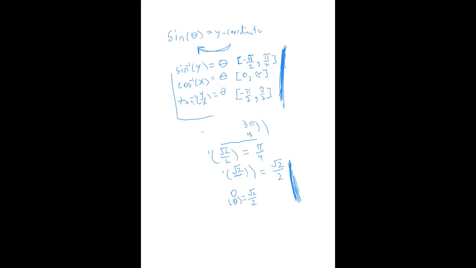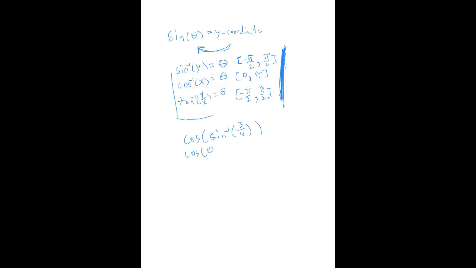So those are a little bit straightforward, but what if I ask something a little bit similar to the last question, but turns into a very different approach? So let's say I wanted to know cosine of sine inverse of 3 over 4? Well, this means I need to know cosine of some angle because our inverse function gives me an angle.